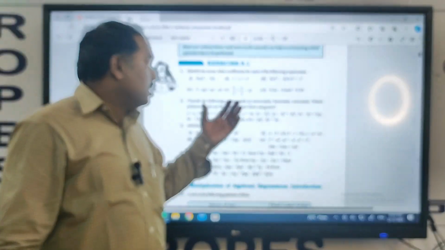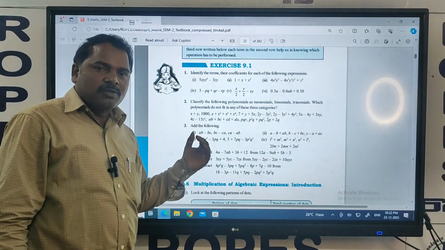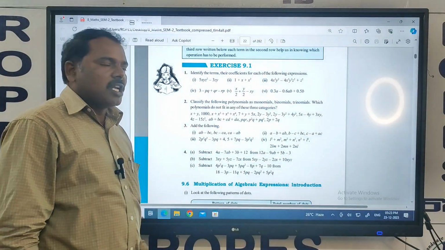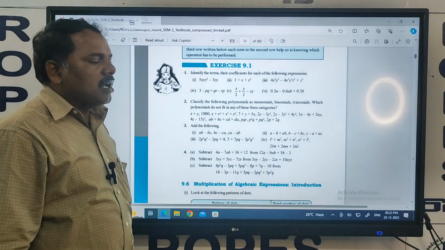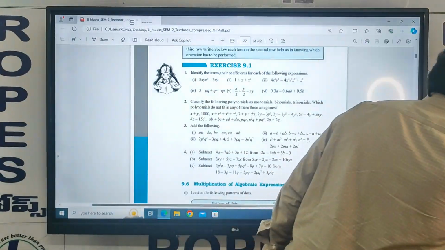That's we discussed about the algebraic expressions introduction. We discussed about this one in 7th class. Now we will see how to solve the problems in the exercise 9.1.